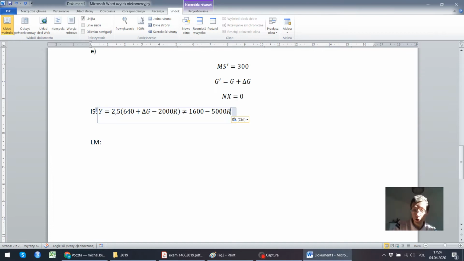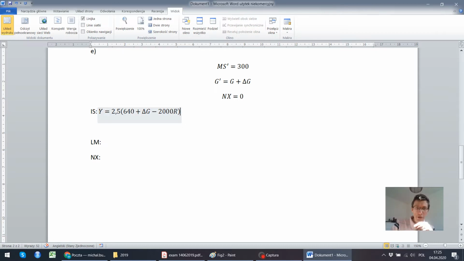This is obvious that it's not correct. So remember, don't be fooled by this very simple substitution here. Delta G is not increasing output linearly, one-to-one. It's increasing it by delta G times the multiplier, okay? So forget about this. This is incorrect. Always remember about the multiplier. If you don't remember about the multiplier, just derive the whole IS equation from scratch, okay? But it takes time. And once again, at the exam, one of the most precious resources is time. All right, so we have the new IS equation.